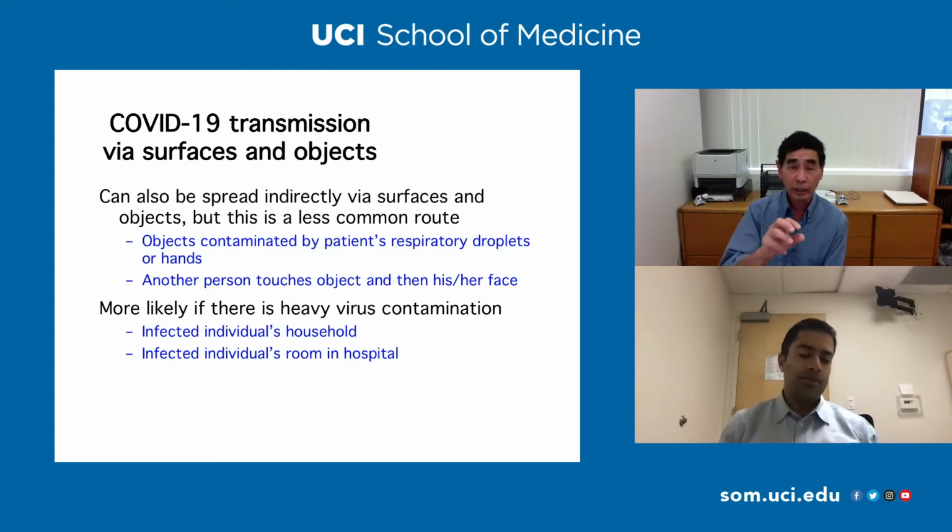So if there are a lot of viral droplets on the surface. And this has been studied, and this is more likely in the household of an infected individual, which is why transmission is mainly within a household. And another place would be if a patient's in a hospital, then the hospital room has a lot of virus contamination, and hospitals are actively trying to disinfect and decontaminate hospital rooms to prevent spread to healthcare workers.